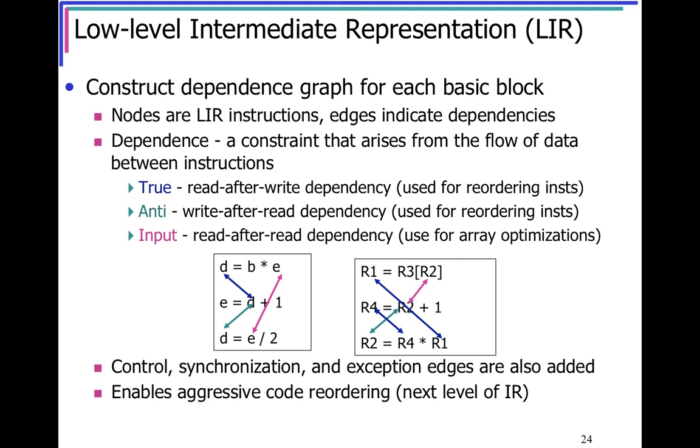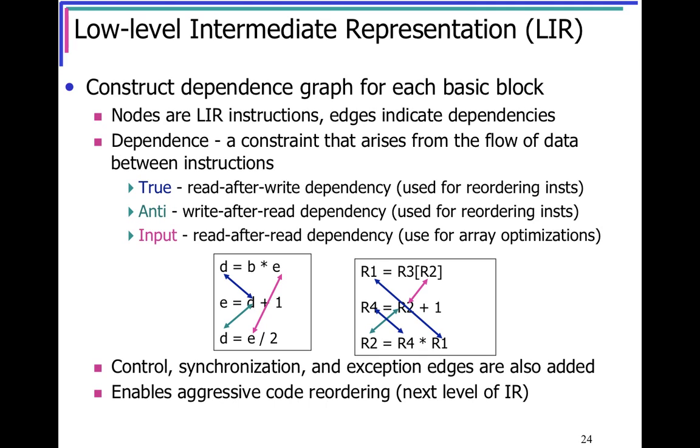This is an interesting dependency because it can be used for different things, for different reasons. One way that this is used is in modern pipelines. If these instructions are both in the pipeline together, the data from the first instruction can be forwarded to the second instruction, so we don't have to collect the data from R2 a second time.